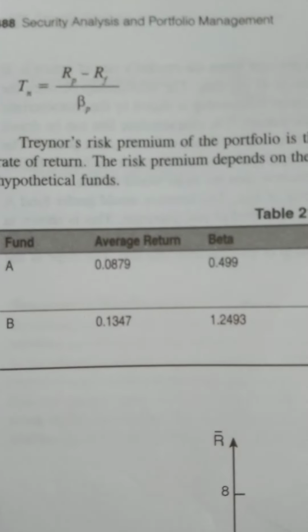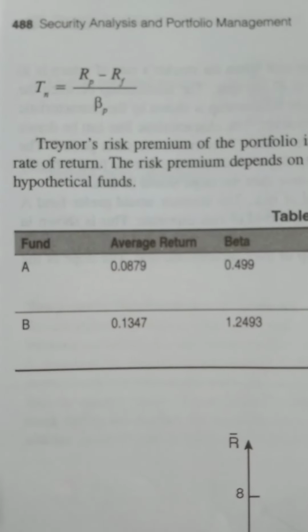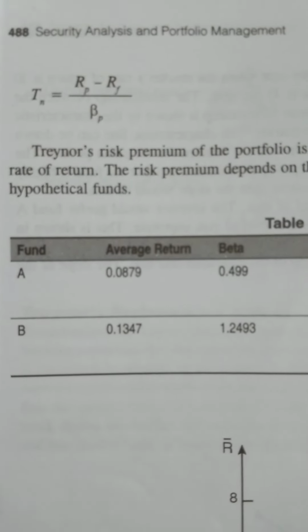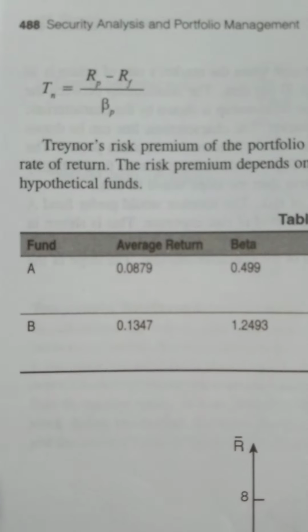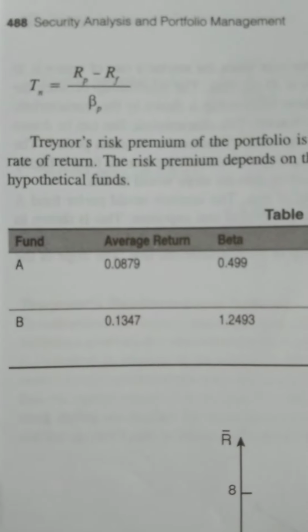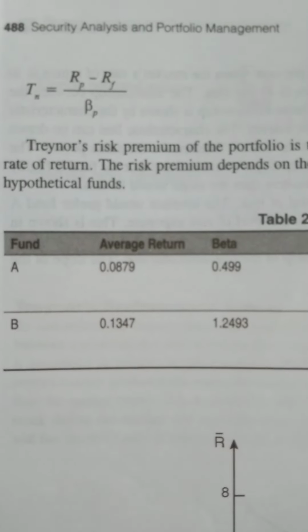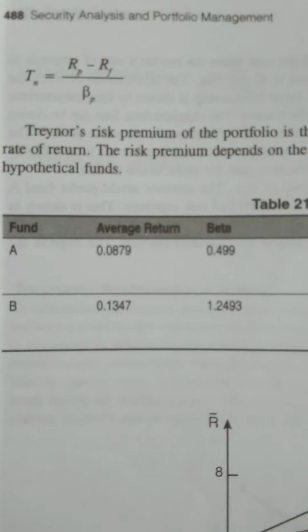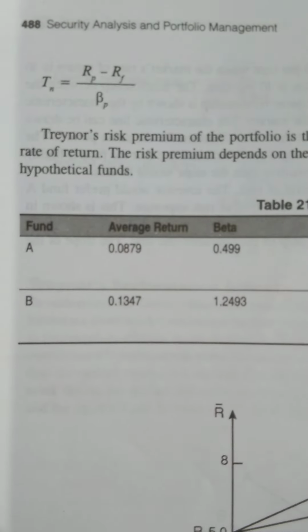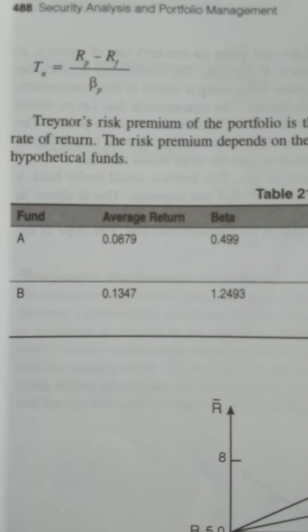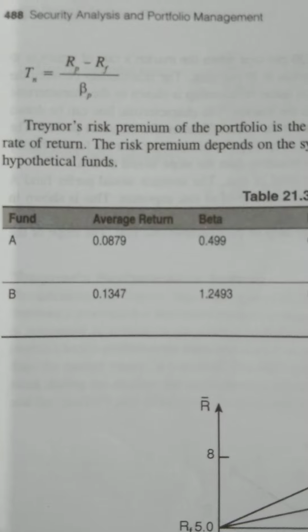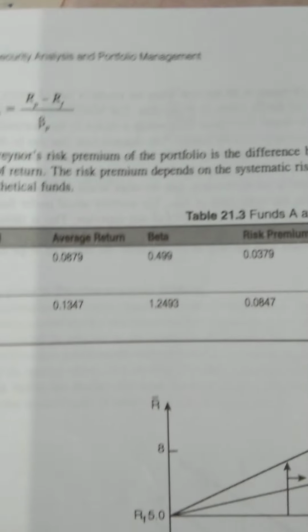If we look into the formula, the numerator is the same in both Sharpe and Treynor, but the denominator is different. Earlier the denominator was sigma p, now it is beta p, beta of the portfolio. What is beta? As we know, beta measures the systematic risk or uncontrollable risk or risk of the market.